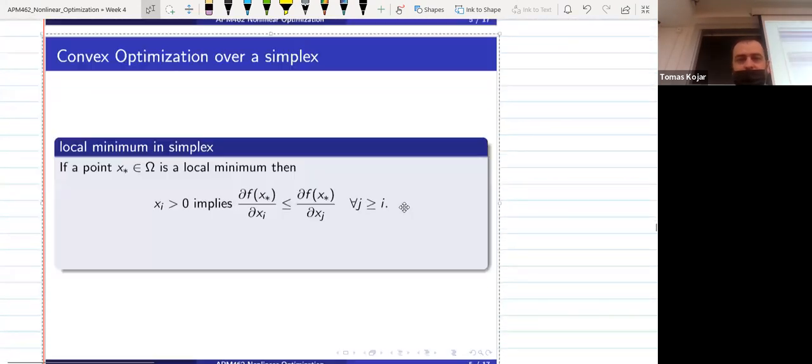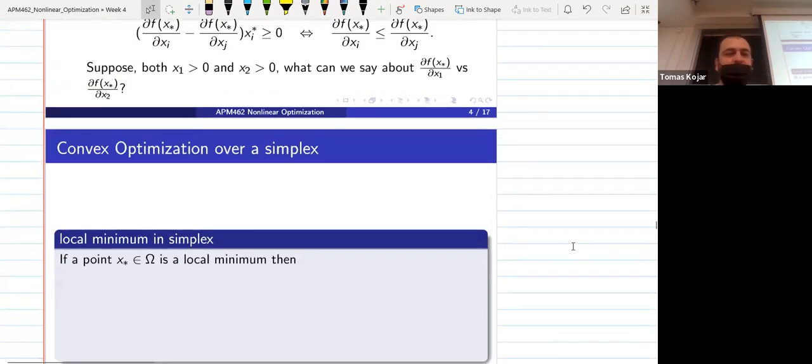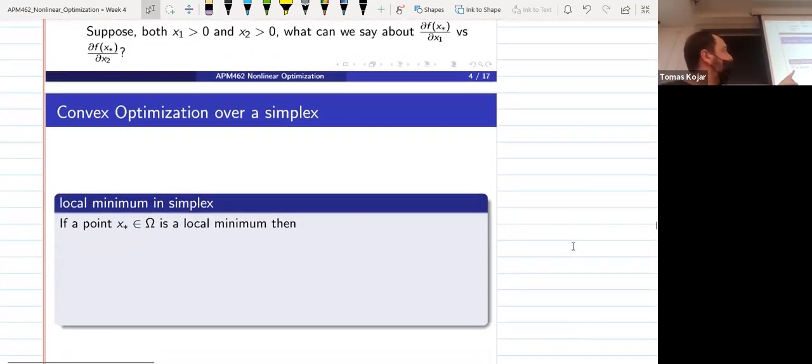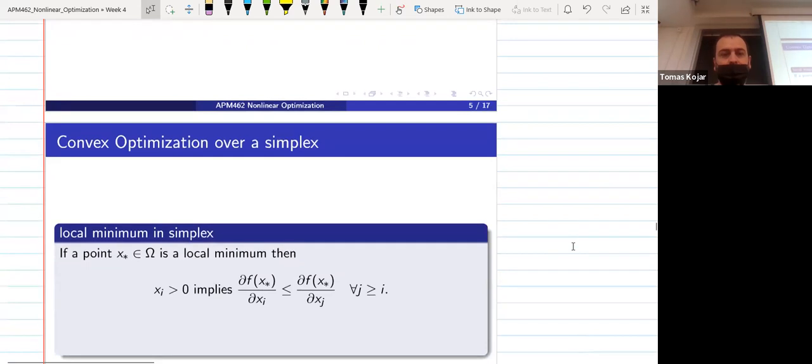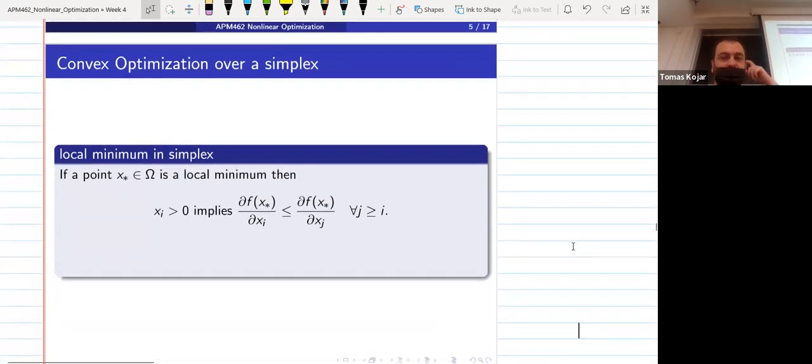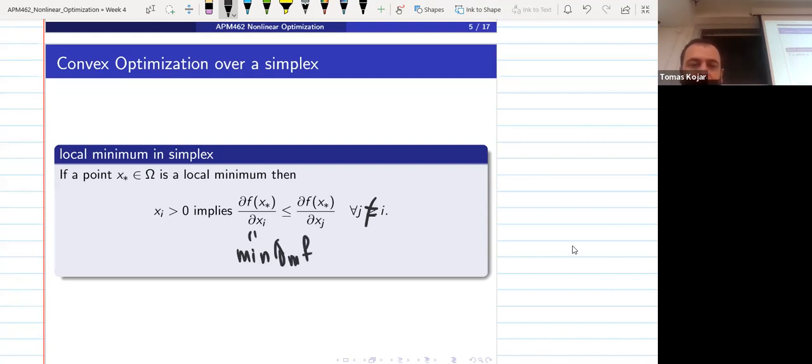If x is a local min, we just proved that for all j not equal to i, you have this inequality. In other words, this is equal to the min of the partials.